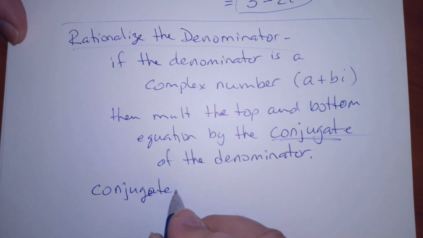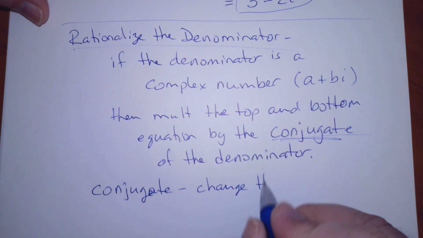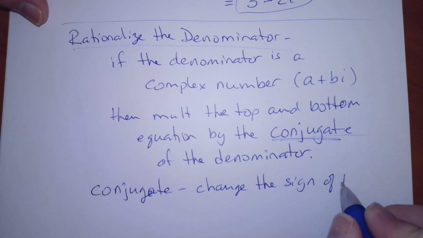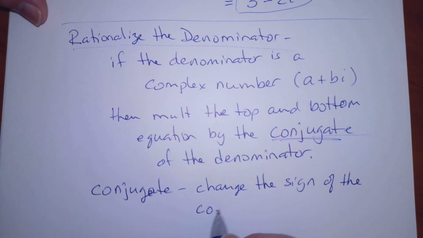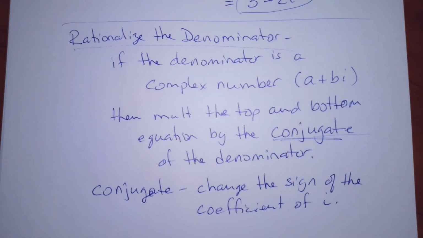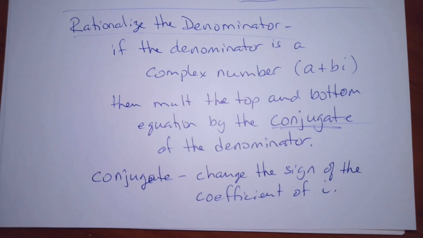The conjugate is simply this. Change the sign of the coefficient of i. That's all a conjugate is. So to rationalize an equation, if we have a complex number on the bottom, multiply top and bottom by the conjugate.